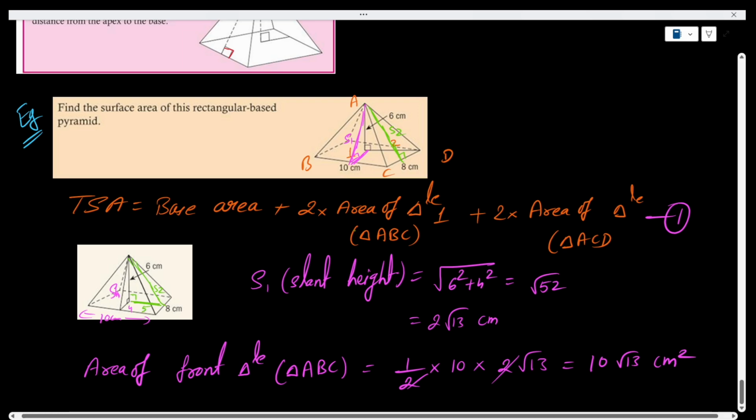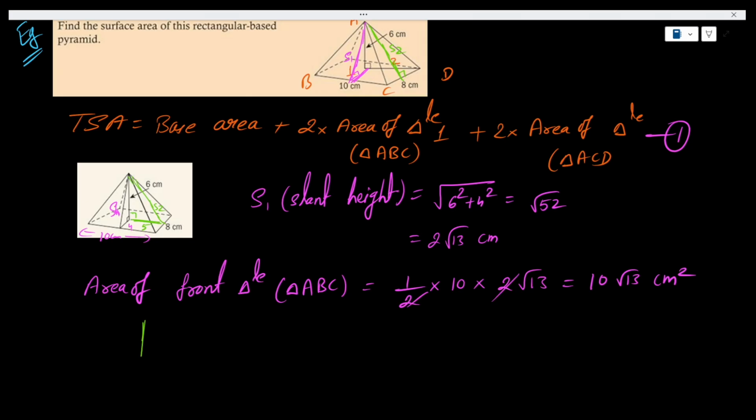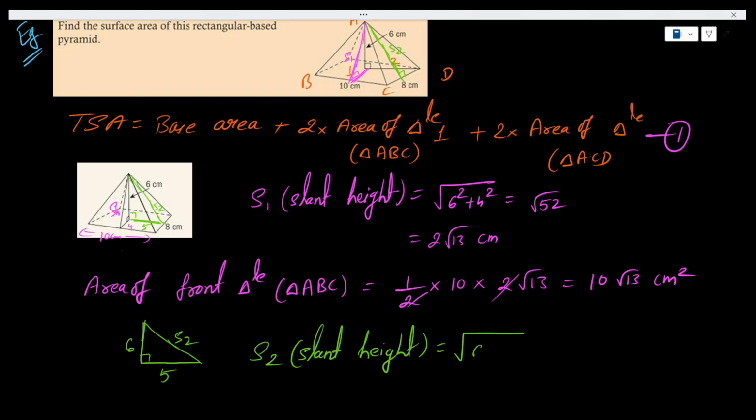If I take that triangle, this part is 6 only, here it will be half of 10, which is 5, and this is your S2. So S2, which is the slant height of the side triangle, will be root of 6 square plus 5 square, which is nothing but root 61 centimeter.